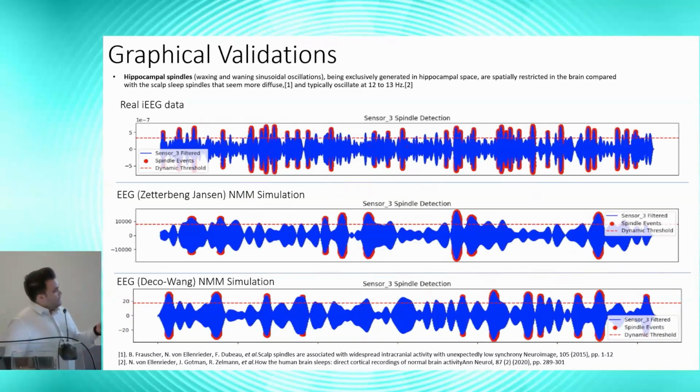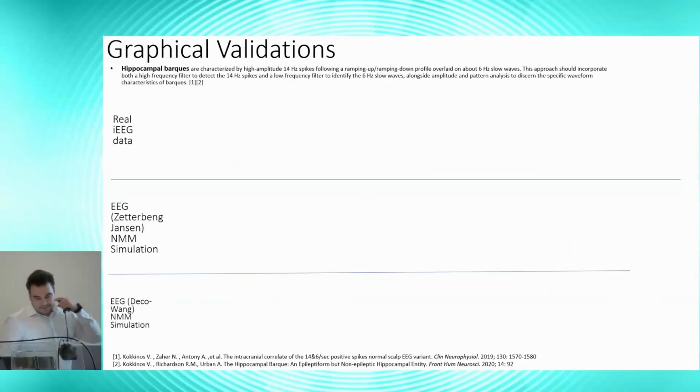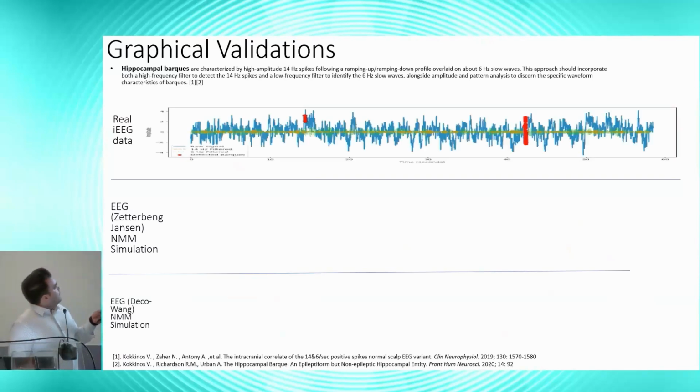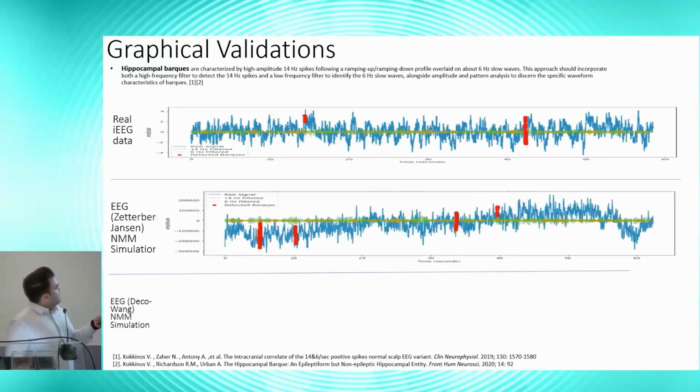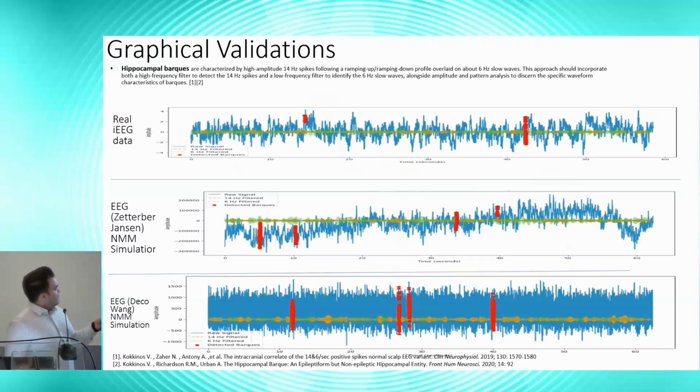Finally, for ending the graphical validations, we have hippocampal bugs that are high amplitude 14 hertz spikes. We can see them marked in red in the real data set, and we can see the presence of them in both the simulations.